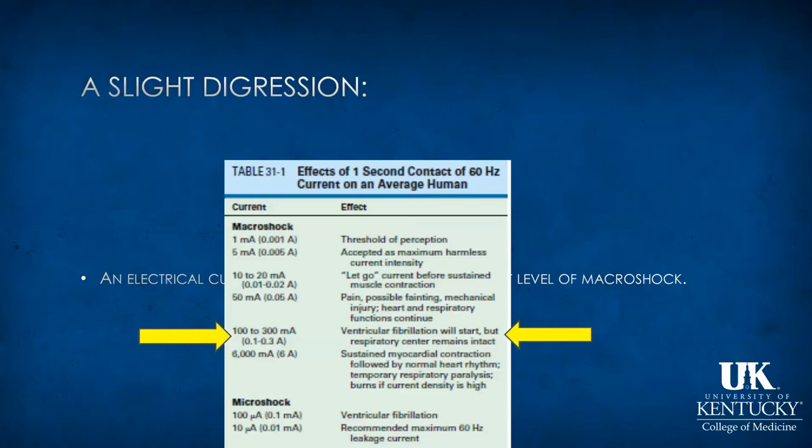I find it particularly interesting to see that the let-go current has been determined. The let-go current refers to the phenomenon of the hands, fingers going into a spasm and the inability to let go during electrical contact.